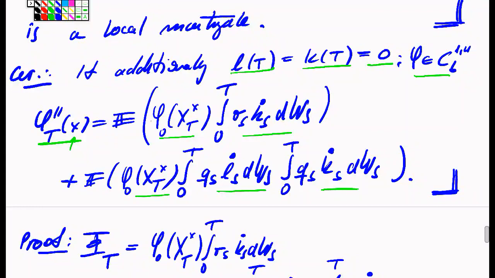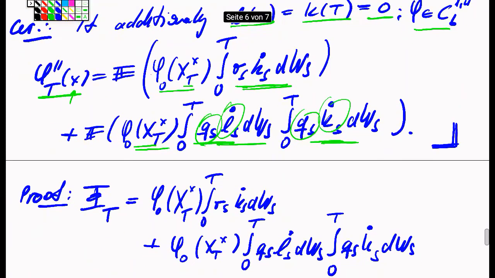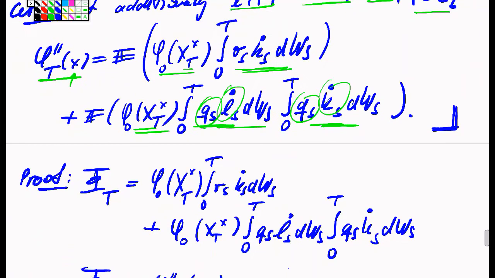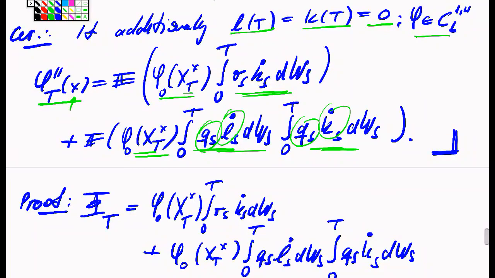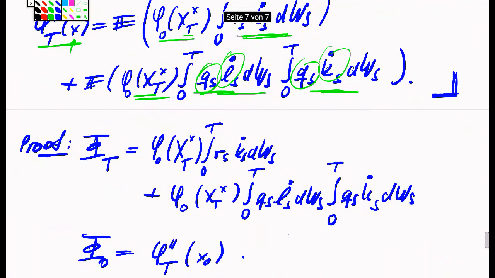In fact, it involves the evaluation of the phi function at the position of the process at time t, twice, and it involves either the stochastic integral of R with K dot, or it involves the product of the stochastic integrals of L dot and K dot with the Q function. So that's the derivative formula for the second derivative in this style, and we see in fact that in this representation the derivative of the function phi does not show up in this formula on the right hand side. Okay, the proof of that is now easy.